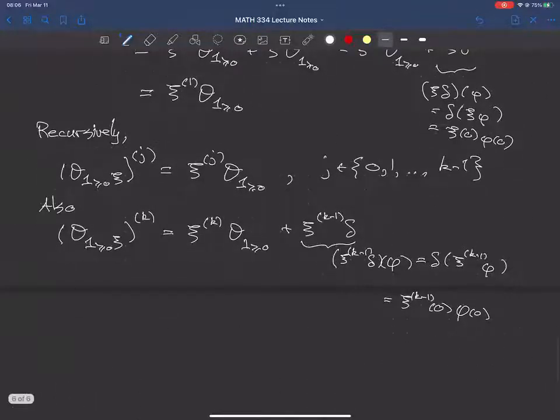And from that you can conclude, given what the initial conditions are, that this is equal to, sorry, not 1, it's equal to delta, because this thing acting on a phi is just going to return phi of 0. That's what the Dirac does.